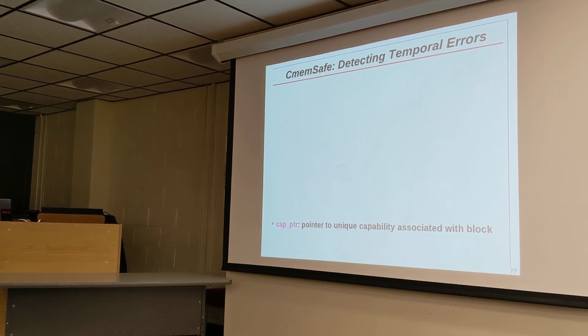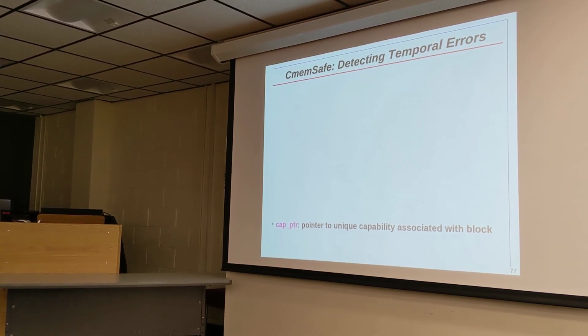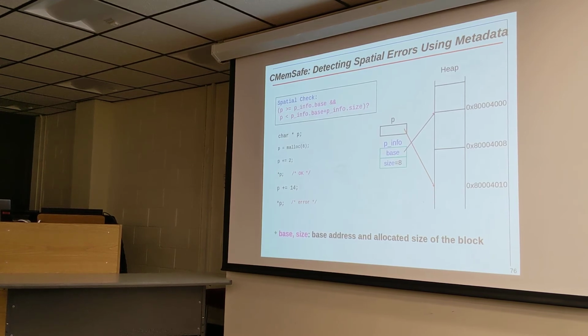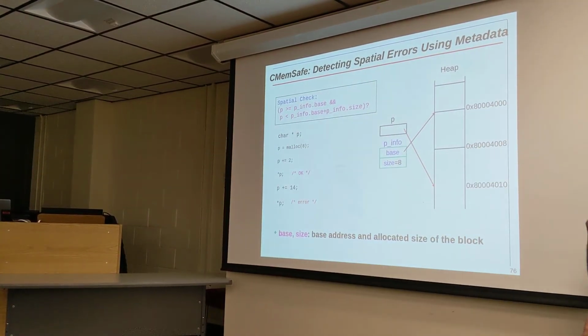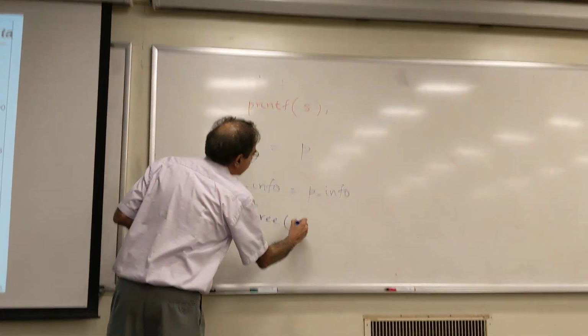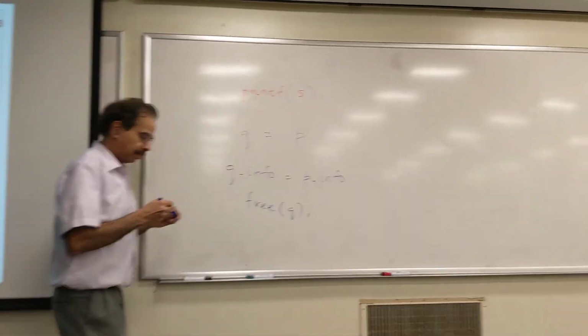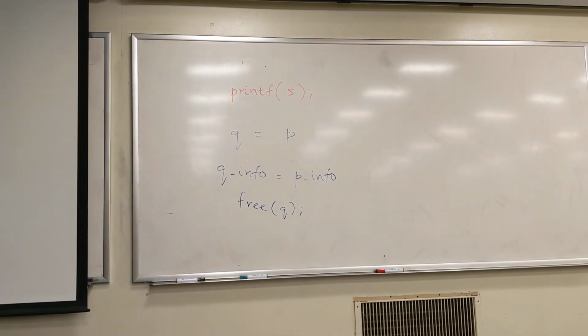So now temporal errors require even more data, because with what we did here, right? Let's say you freed Q at this point, right?